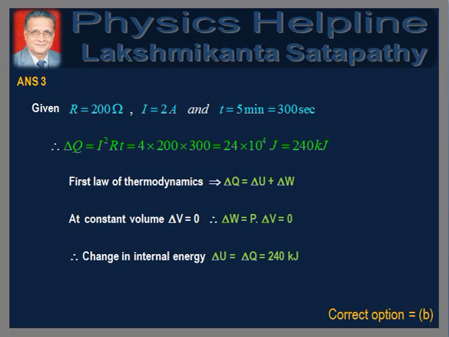From the first law of thermodynamics, we have delta Q is equal to delta U plus delta W. Since delta W is equal to 0, we have delta U is equal to delta Q, which is equal to 240 kilojoules. Therefore, the correct option is B, which is the answer to question 3. This completes the answers to the questions.